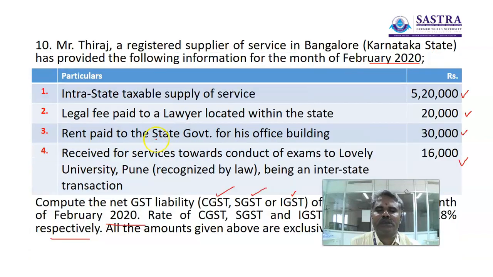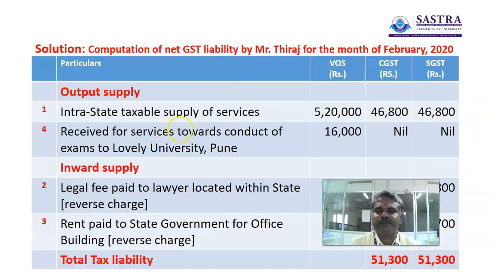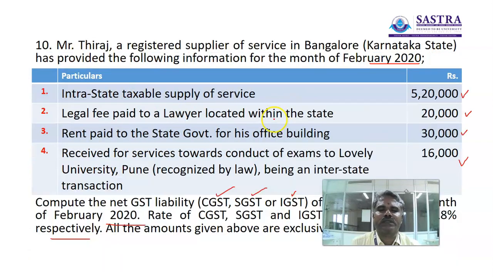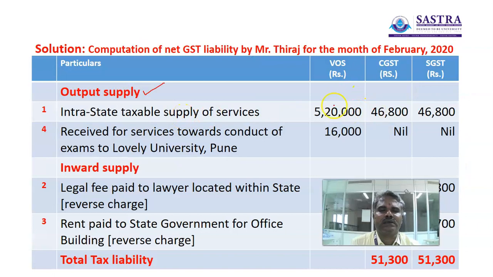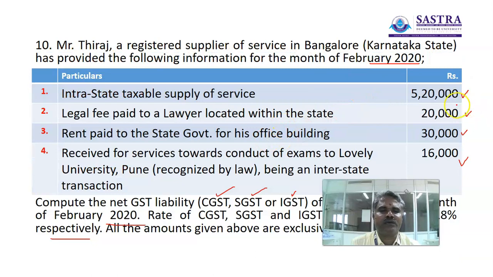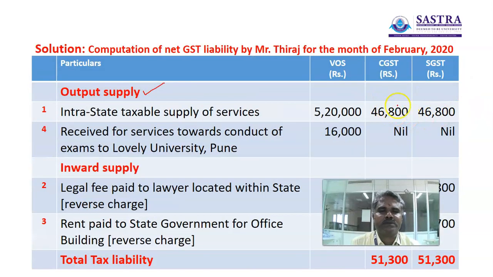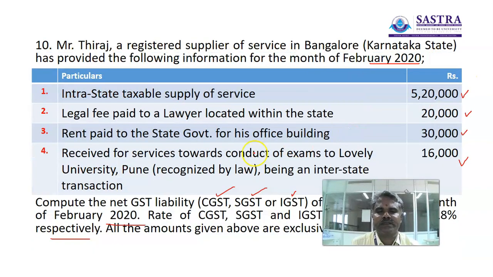So compute the tax paid. First the output supply. You see, these are the output supplies. Intrastate value of supply, CGST and SGST. 5,20,000, you charge 9%. This is CGST and SGST, because this is intra-state.